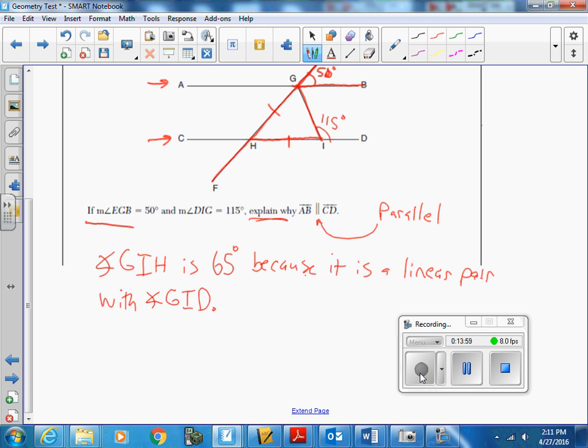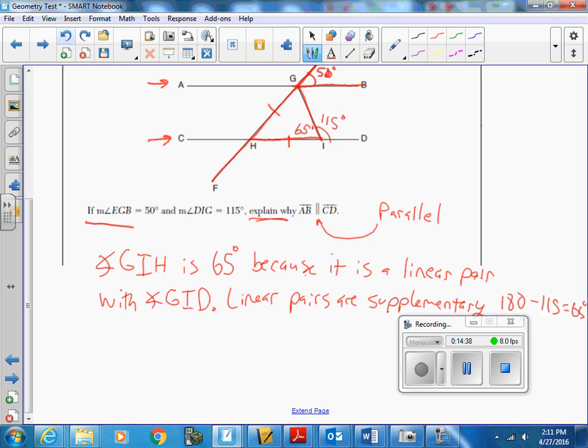And you can say linear pairs are supplementary. That means adds up to 180. So supplementary. And 180 minus 115 is equal to 65 degrees. All right, so we have that part. So we know that this is 65 degrees. All right, so that's something else we know.